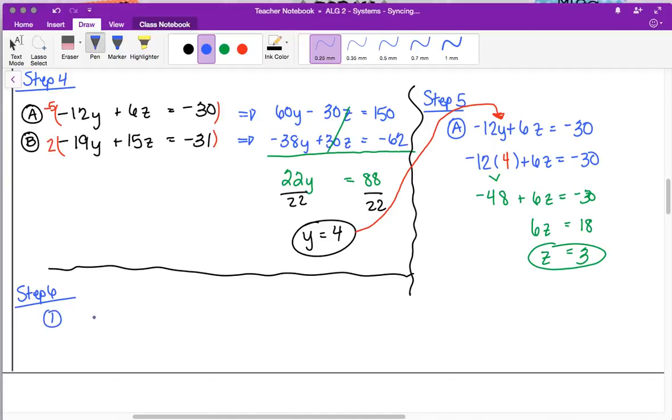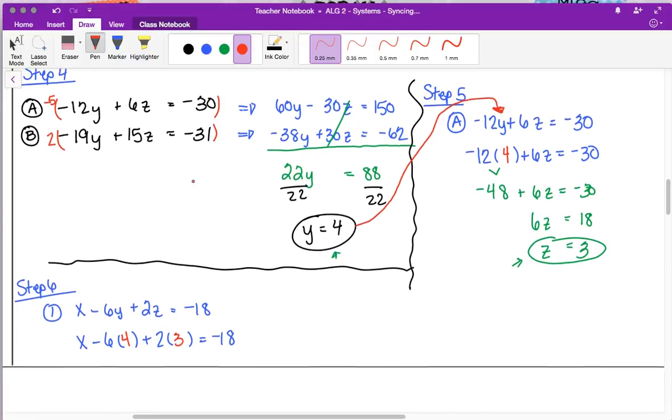I'll use equation 1, which is x minus 6y plus 2z is equal to negative 18. And now I'm going to substitute my y value and my z value into this equation, and I will end up solving for x. So x minus 6 parentheses plus 2 equals negative 18, and I'm going to input y is 4 and z is 3.